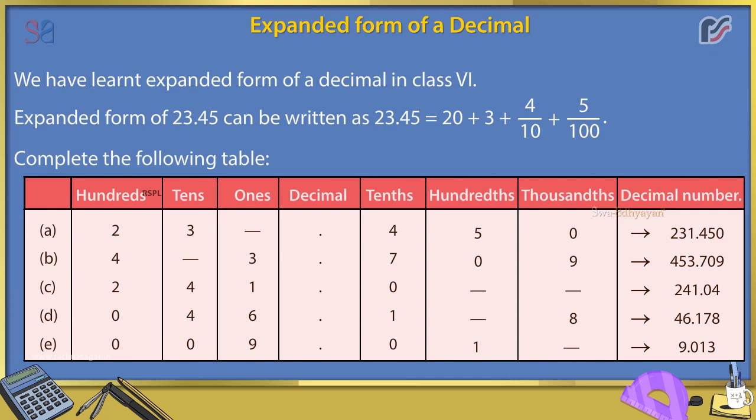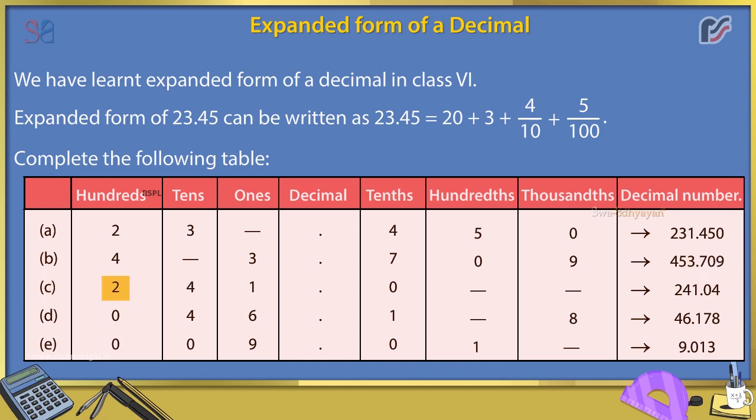Decimal number. A. 2, 3, blank, 0.450, 231.450. B. 4, blank, 3.709, 453.709.